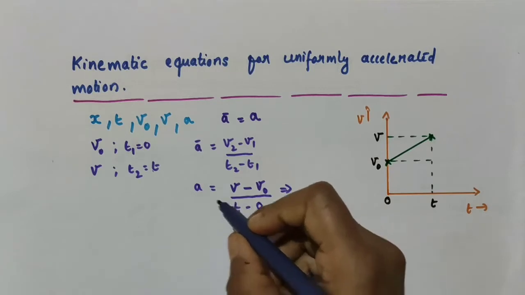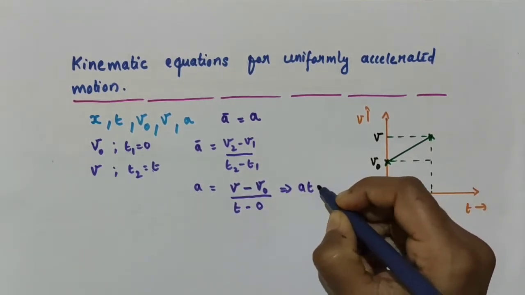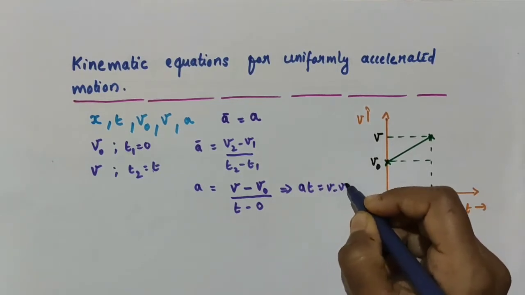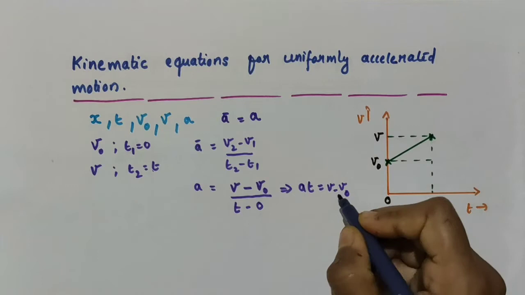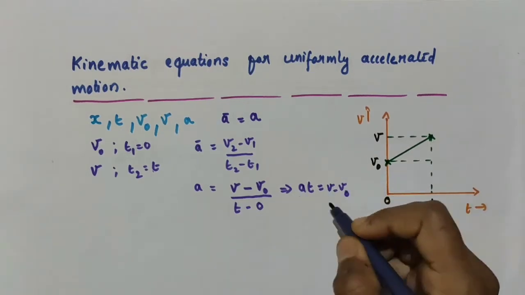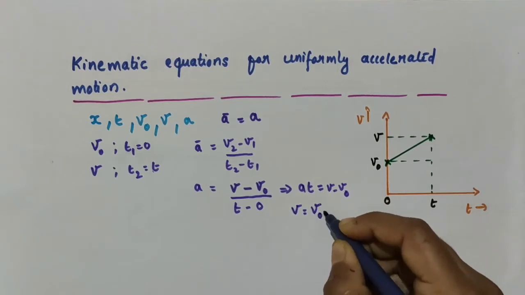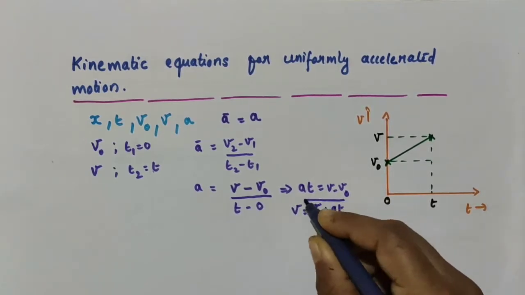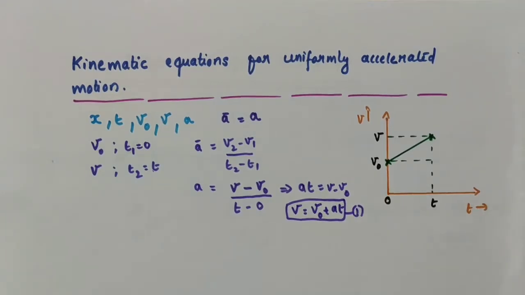Taking this t to the other side, it goes to the numerator, so a into t equals v minus v0. Taking v0 to this side, it becomes plus v0. So we can write v equal to v0 plus at. I am taking this as equation number 1.